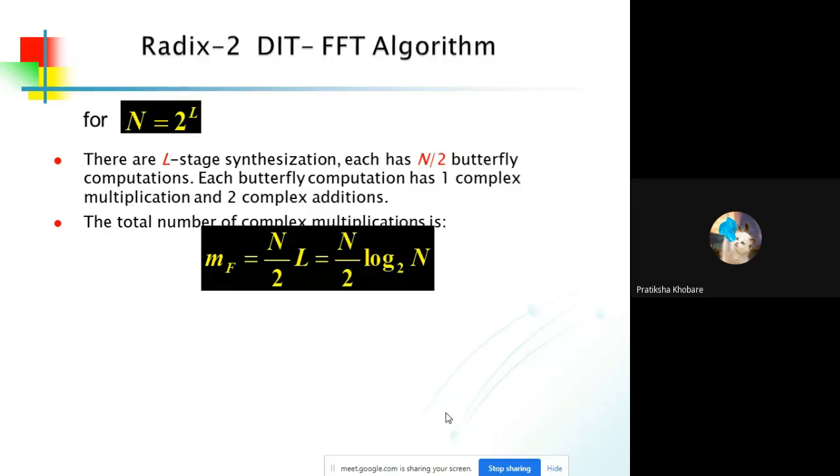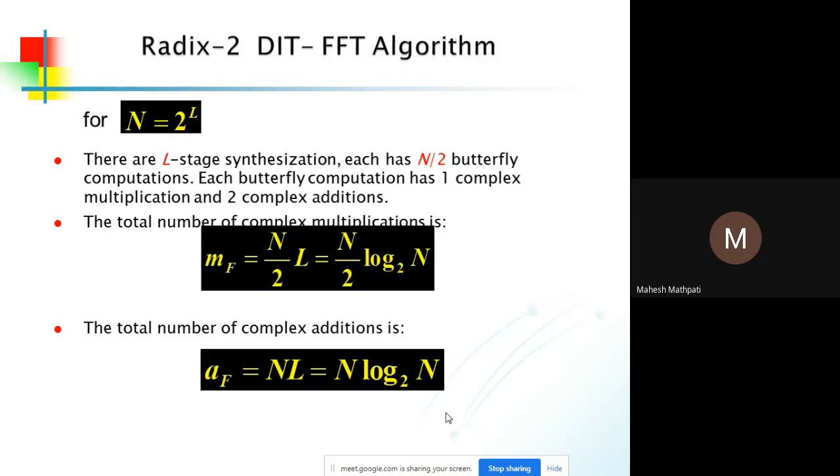Yes, sir. Next, just write the total number of complex additions. The total number of complex additions is... what is the formula? I have already given you the formula for this. It is n into V, so that means we can write n log to the base 2 n.